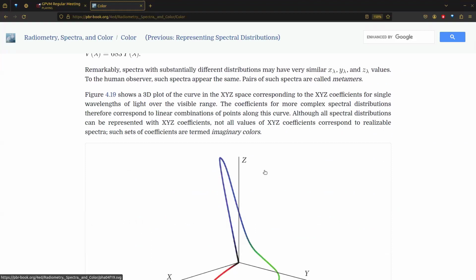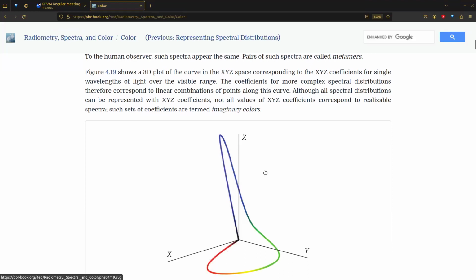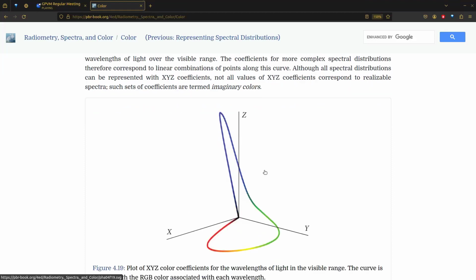Okay, so we've got a 3D plot of the curve in XYZ space corresponding to the XYZ coefficients for a single wavelength of light over the visible range. Coefficients for more complex spectral distributions therefore correspond to linear combinations of points along this curve.